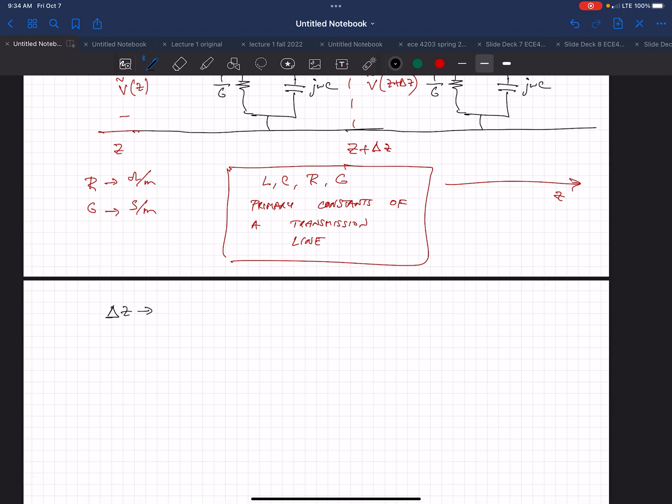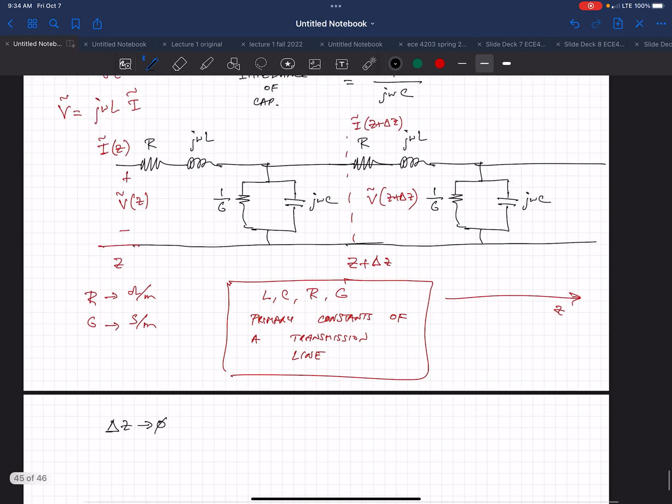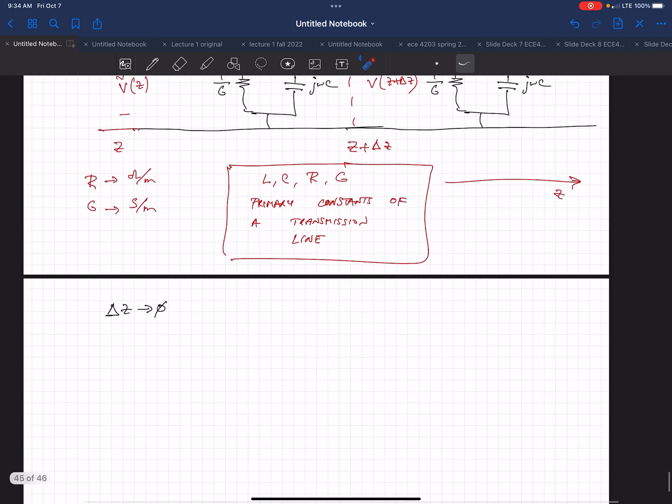Now we're going to again look at what happens when delta z goes to 0. Imagine these get smaller and smaller and basically get into a continuum of inductance, capacitance, and resistance. So we end up with the equation of the change in voltage with respect to Z is minus R I hat plus negative j omega L I hat for each section.